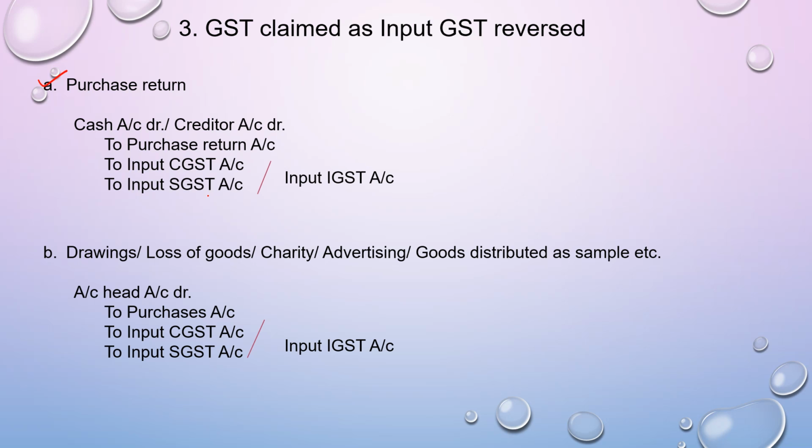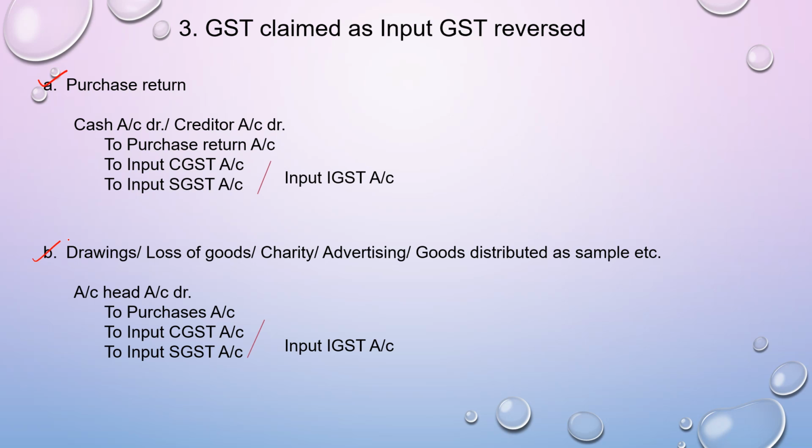Or if it was an interstate purchase which is being returned, then you would credit input IGST only to the extent of the value of the purchase return. This is a case where, when there is a purchase return, you have to reverse back, because when the goods are being returned, then the input GST associated with that also will have to be reversed so that you cannot claim credit against output GST.